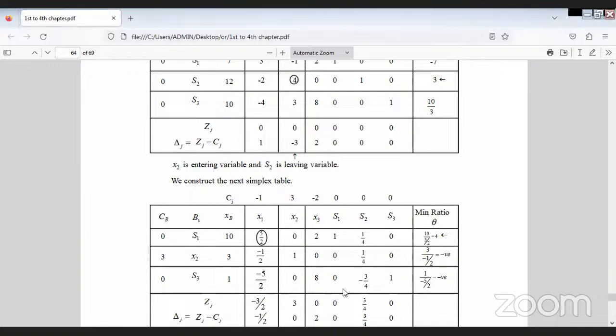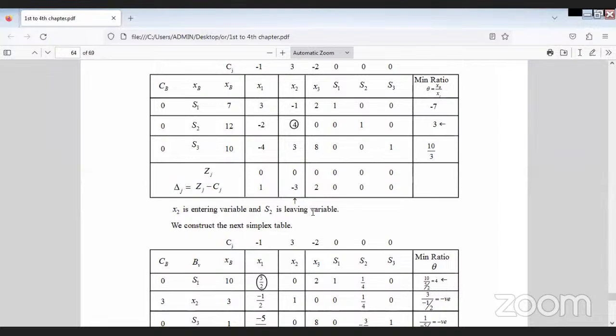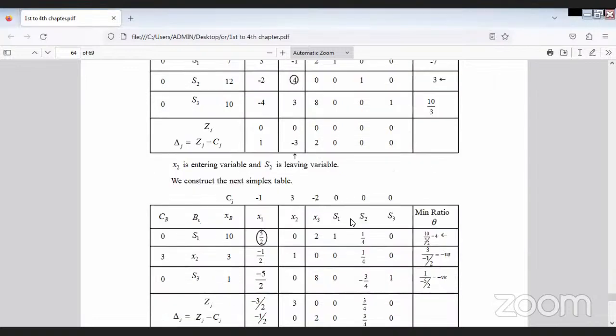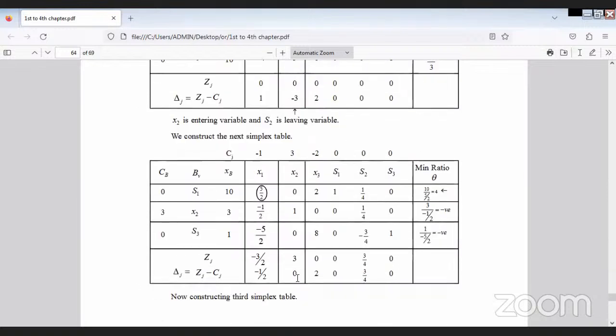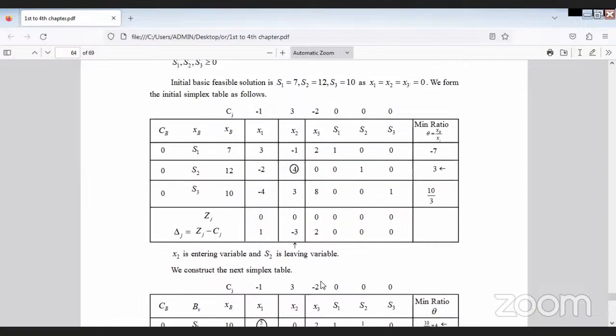He said s3 is 1. Tell me how the 1 came. S3 is 1. x3 plus x2 minus 10. How much? 1. So zj is minus 3/2. How did it come? Zj minus 3/2 is a 2, the element we are taking here.